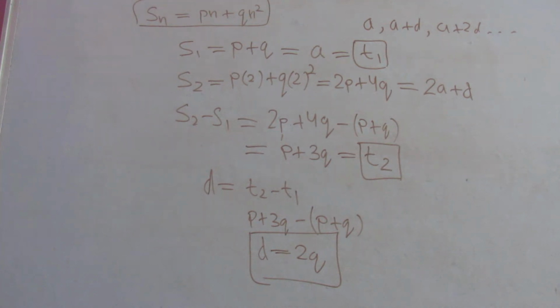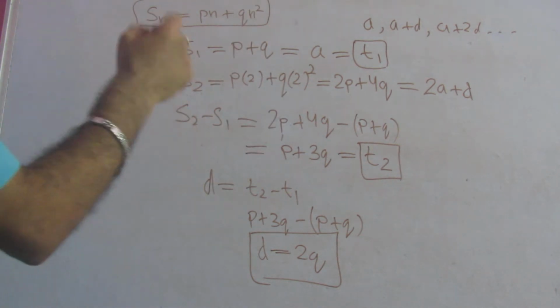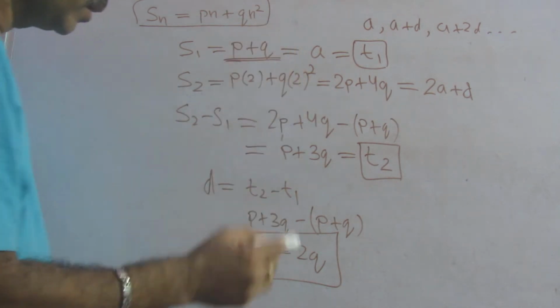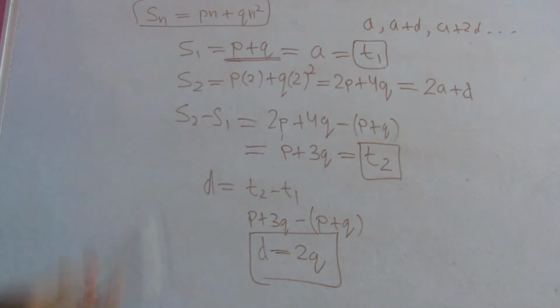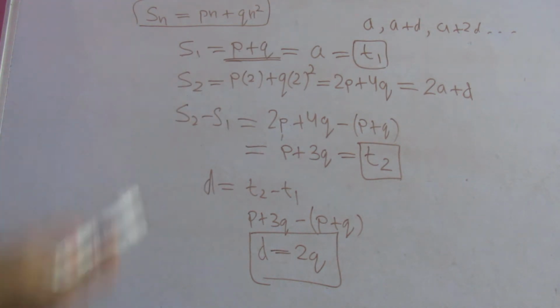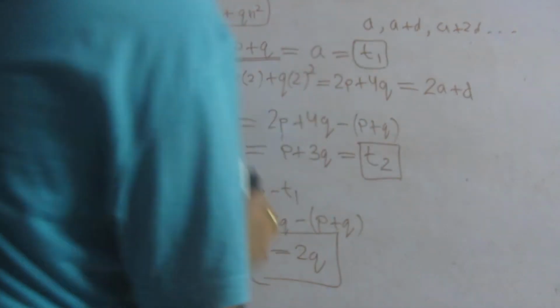They could have asked to find the 100th term of this AP. So we will simply say T100 would be A plus 99D. A happens to be P plus Q and 99 into 2Q. So P plus Q plus 99 into 2Q will give you the 100th term of this AP.